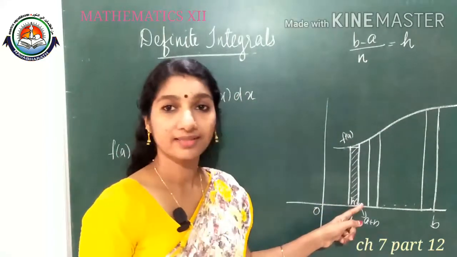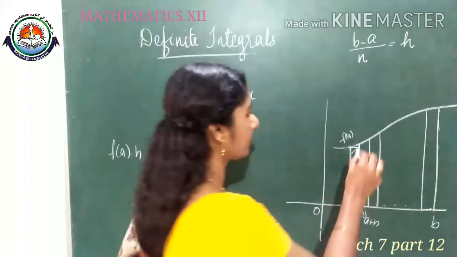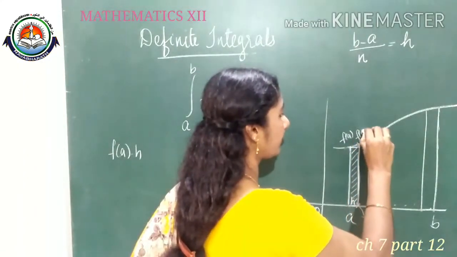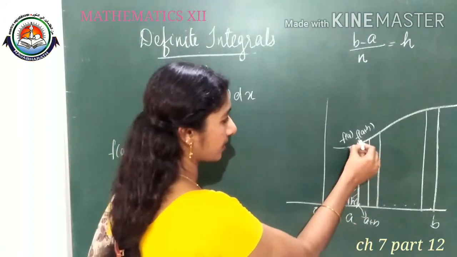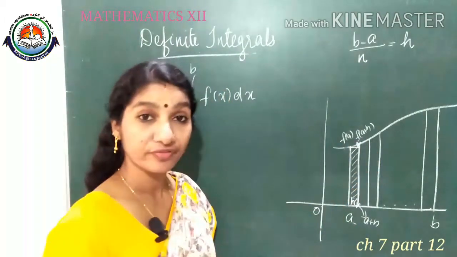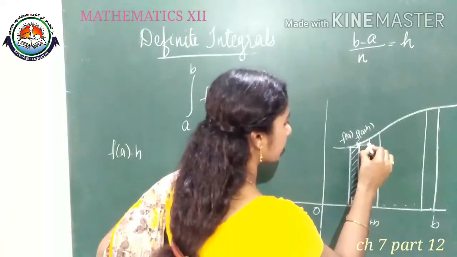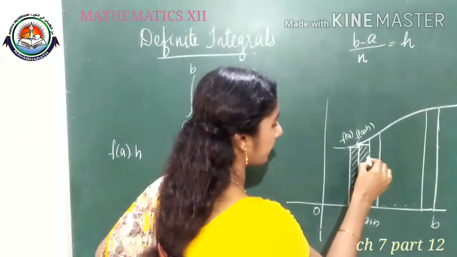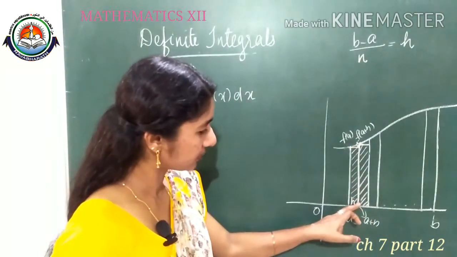0 to this point length is a plus h. And what about this value? F of a plus h, isn't it? A plus h, its corresponding point on the graph, that is f of a plus h. So for the second strip, what will be the area? Area is equal to length into breadth.